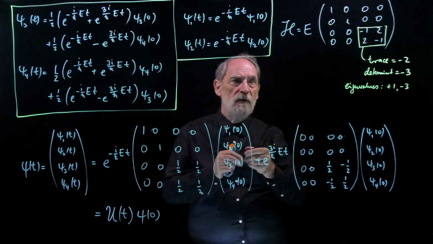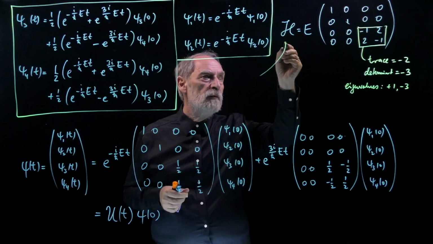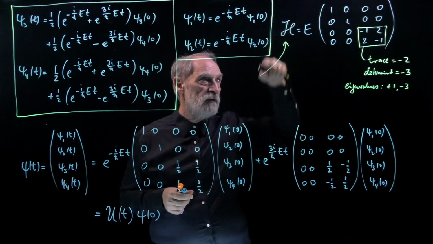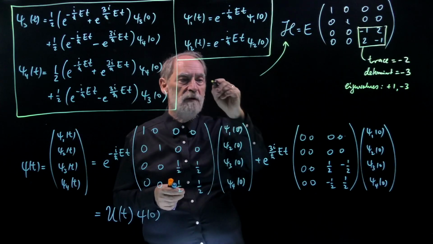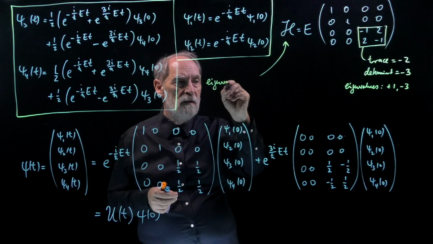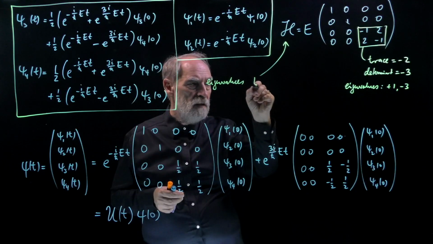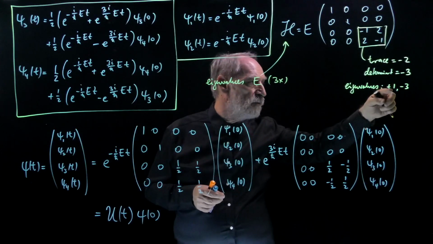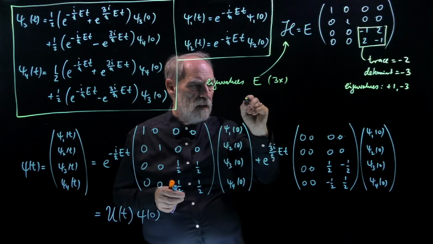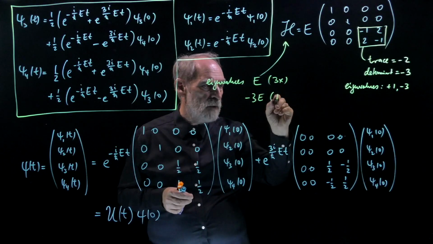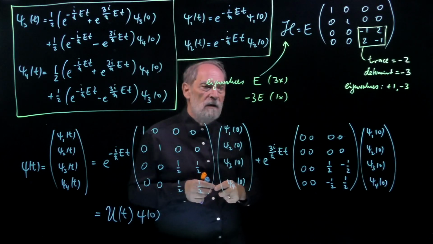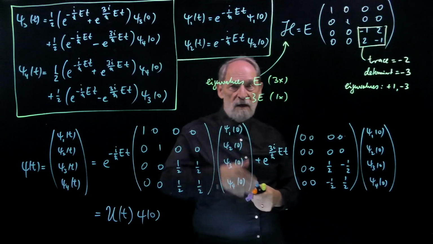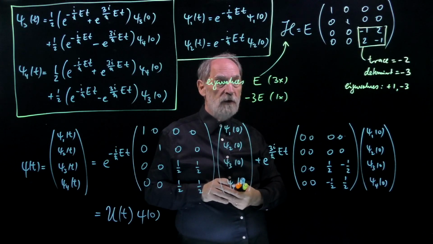So the eigenvalues of the Hamilton operator, or the eigenvalues of the matrix representing the Hamilton operator, are e, which appears 3 times, 1, 2, 3, and negative 3e, which appears once. So the sum of all the eigenvalues for the Hamilton operator is 0.